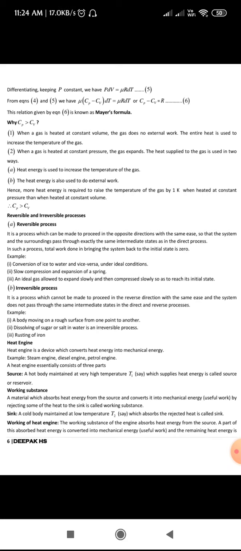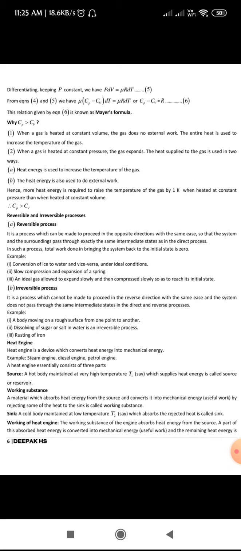So the third one is an ideal gas allowed to expand slowly and then compress slowly so as to reach its initial state. Suppose you take a system, and you allow the gas to expand first.